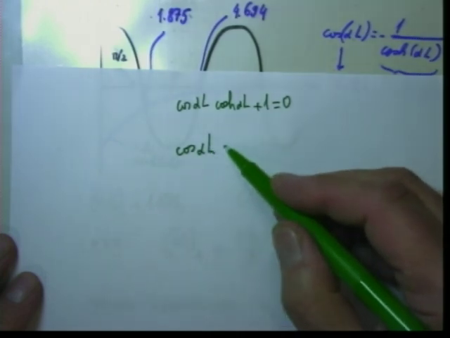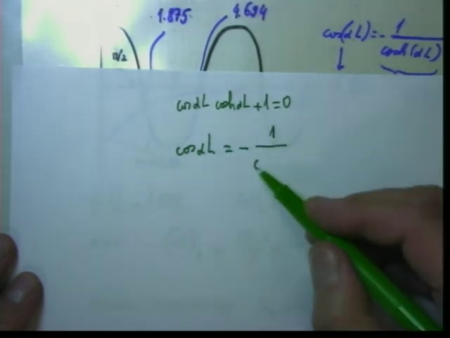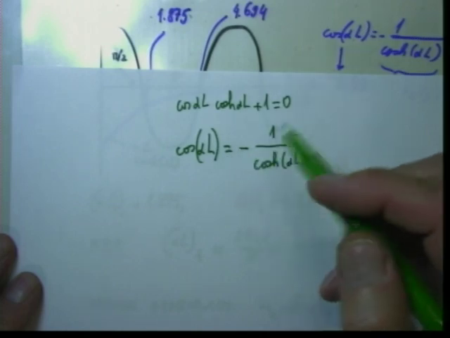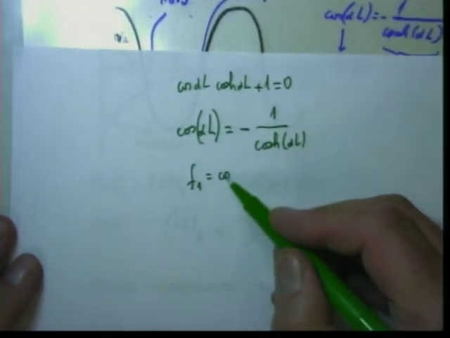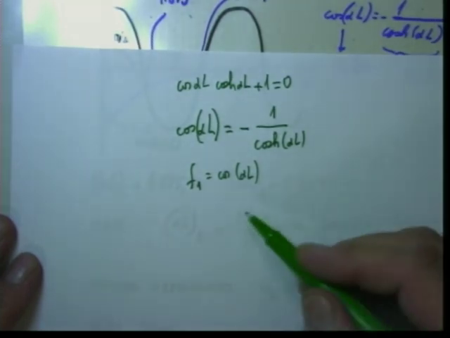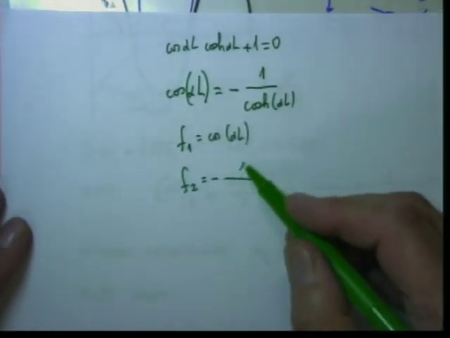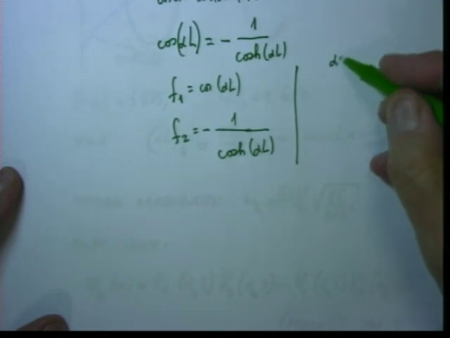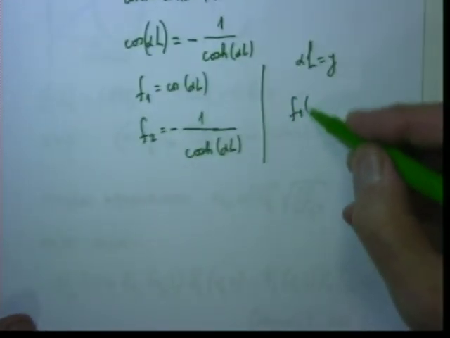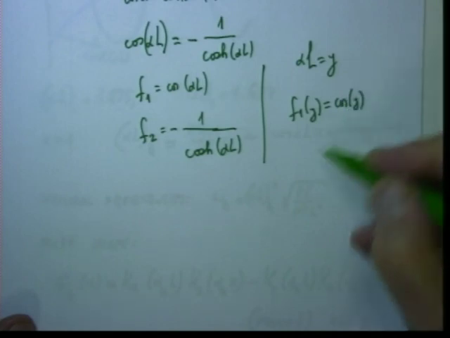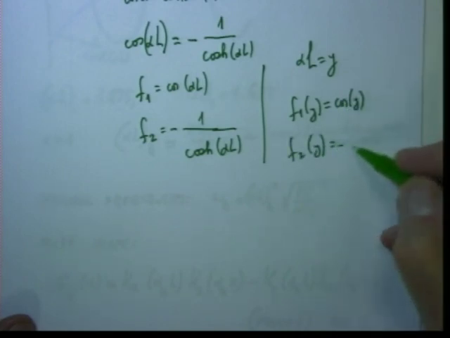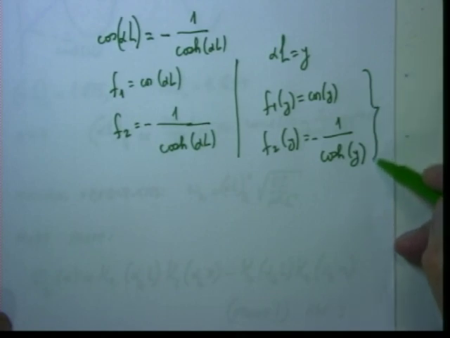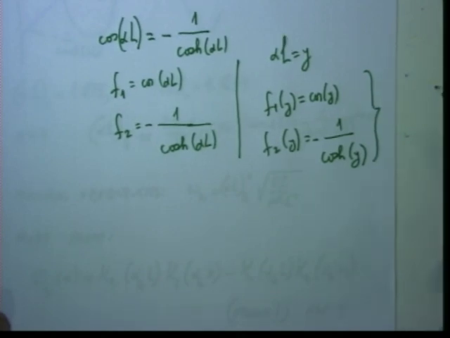We say that this equation is equivalent to cosine alpha L equals minus 1 divided by hyperbolic cosine alpha L. So function f1 equals cosine alpha L. Function f2 equals minus 1 over hyperbolic cosine alpha L. Or, alpha L we denoted as y, so f1(y) equals cosine y, and f2(y) equals minus 1 over hyperbolic cosine y. Okay? Are you with me?